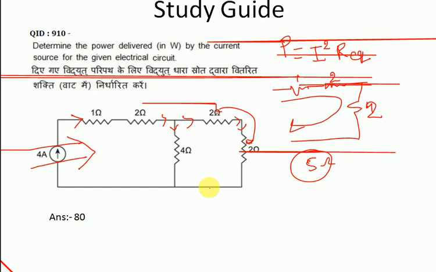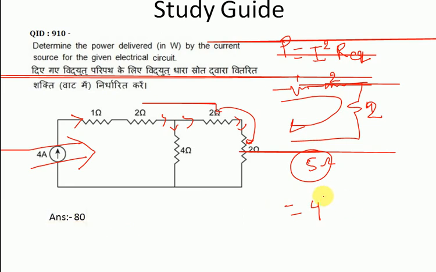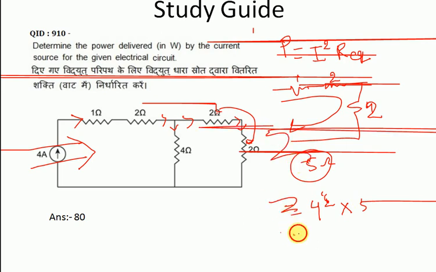Now what is I? I is already given, it is 4. So 4 square into 5, that is 4 square 16, 16 into 5, there is 80.